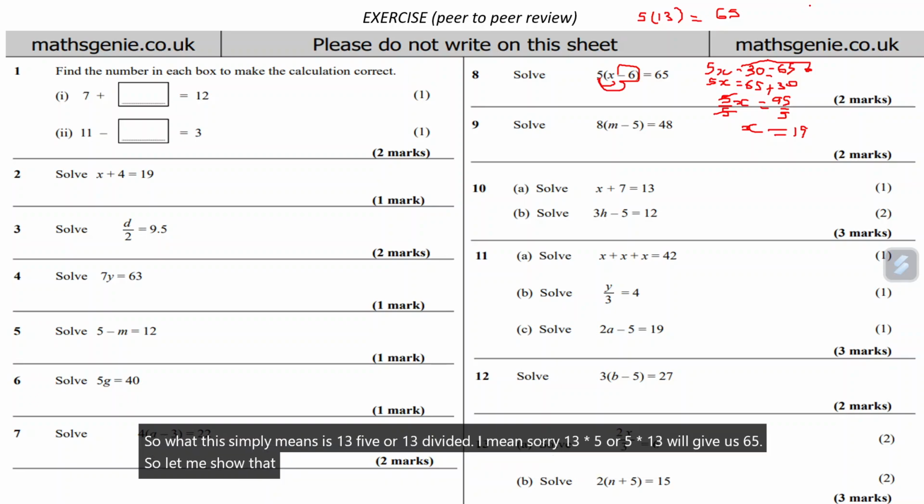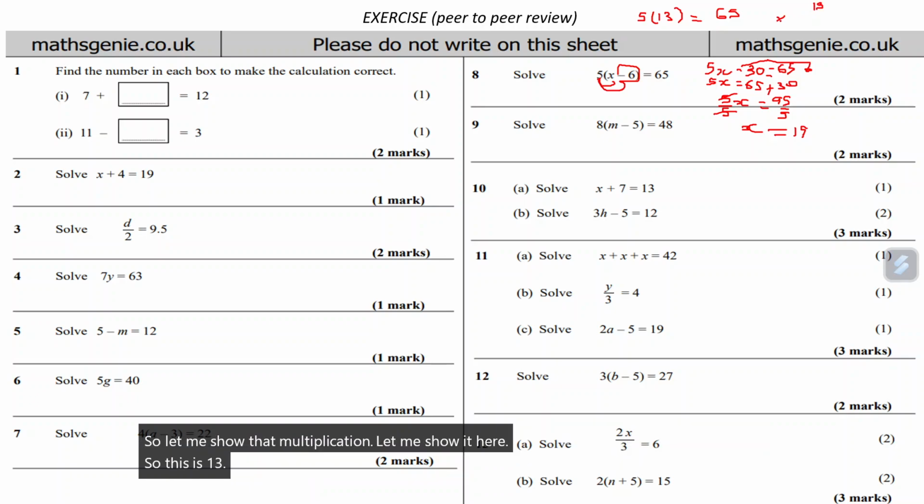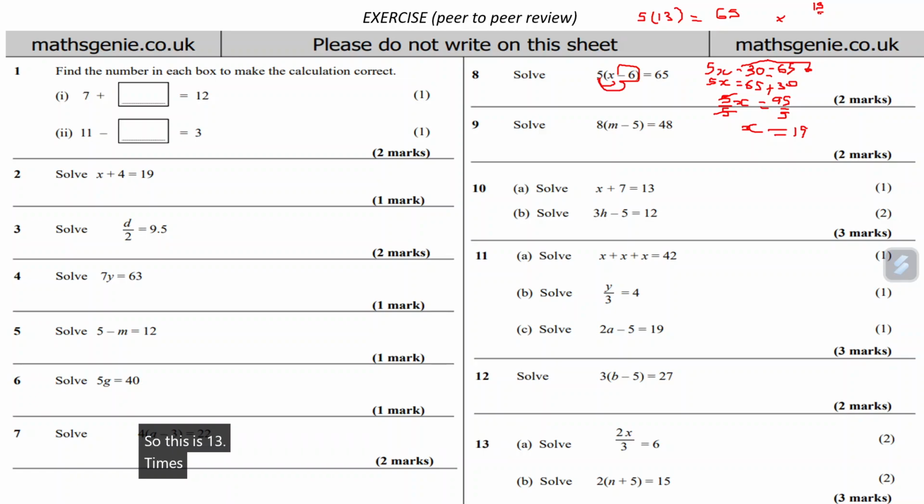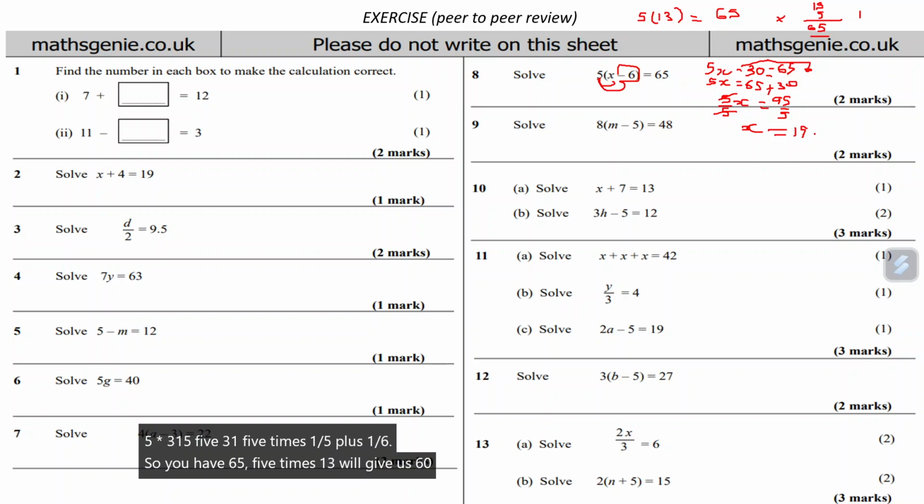This is 13 times 5. 5 times 3, 15. 5, carry 1. 5 times 1, 5. Plus 1, 6. So you have 65. 5 times 13 will give us 65. So your answer is correct. x is equal to 19.